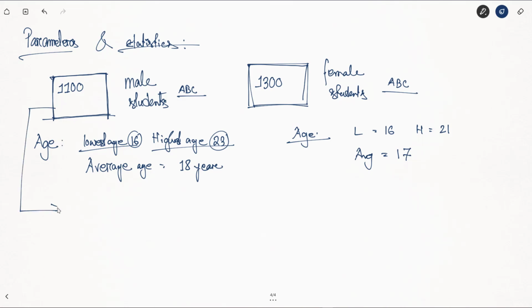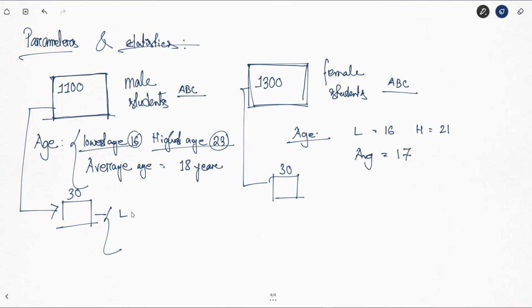Now for our study, we have selected a small group from both these populations. Let's say 30 male and 30 female. Now the same kind of calculations, that is lowest, highest and average, can also be done for this smaller group, and it is not necessary that they will have the same result.